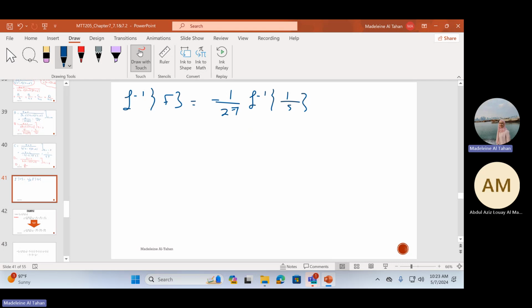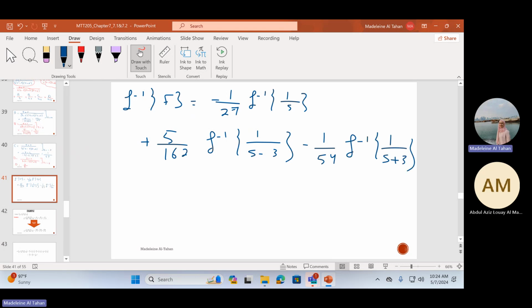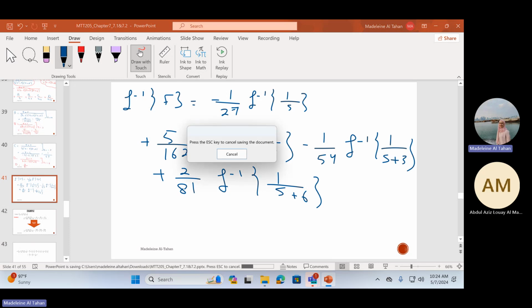B, it was 5 over 162, Laplace inverse of 1 over s minus 3. C, it was negative 1 over 54, Laplace inverse of 1 over s plus 3. And the last one, plus 2 over 81, Laplace inverse of 1 over s plus 6. Can we write it in this way, miss? Yes.